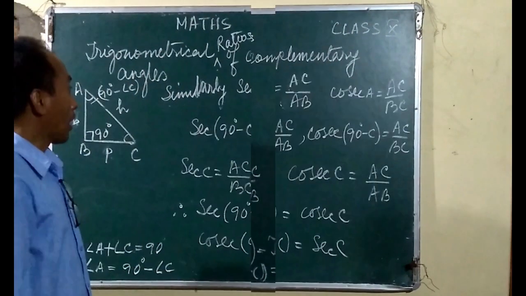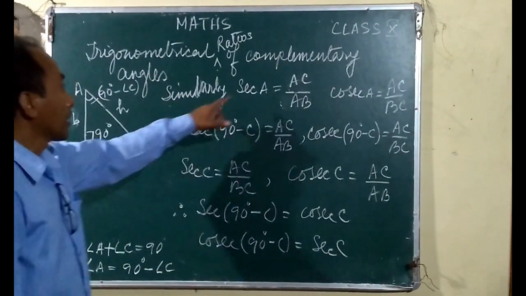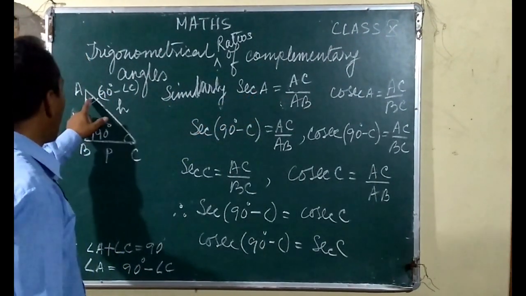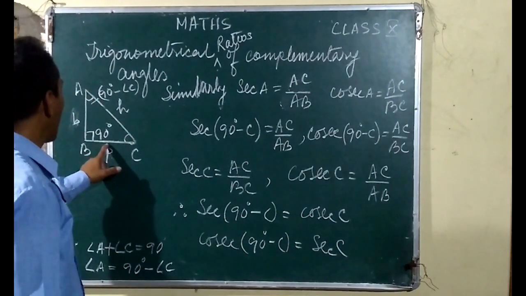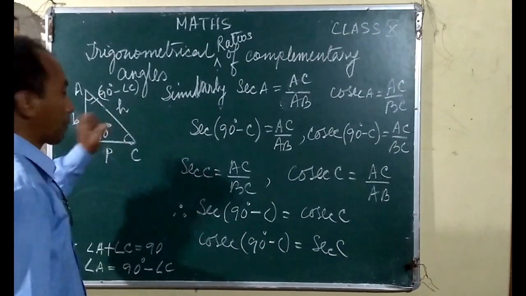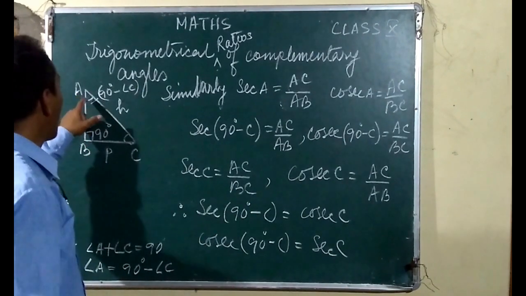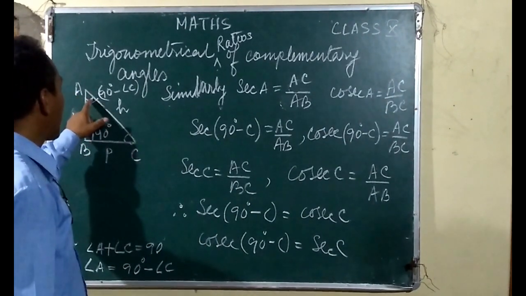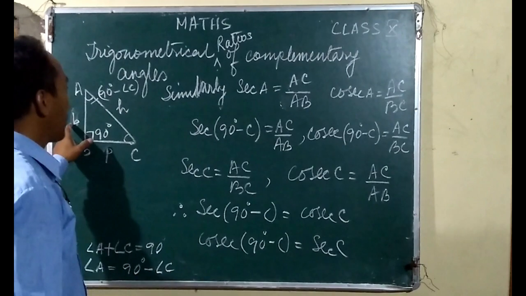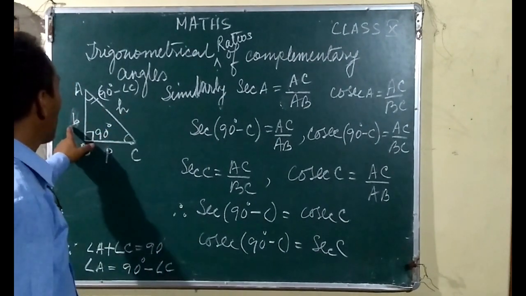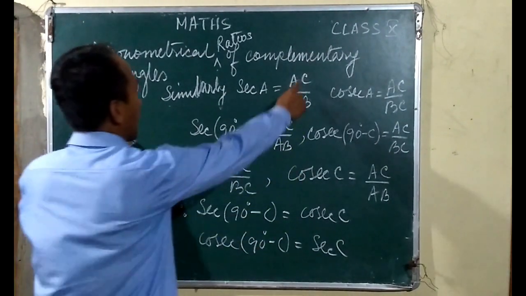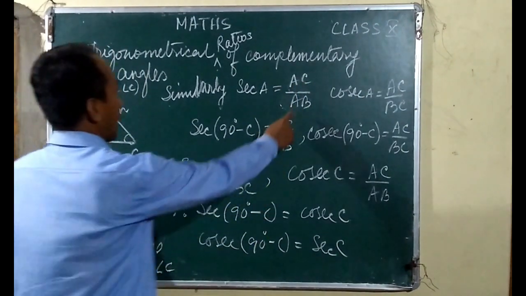Now we see here similarly sec A. So this is perpendicular, this is base, and this is hypotenuse. So what is the ratio of sec A? Sec A is hypotenuse by base. So hypotenuse is AC and base is AB.